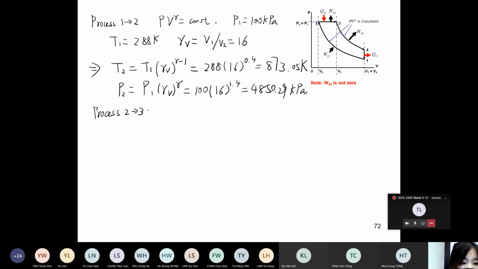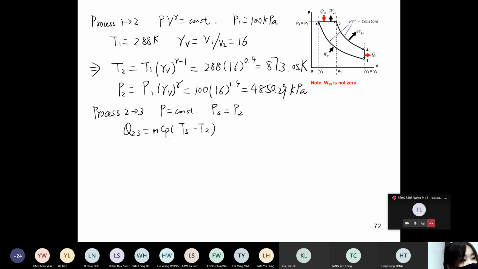2 to 3. We have a constant pressure process so that P is constant. We have P3 equals P2, right? Remember that the heat supply equals m Cp (T3 minus T2).